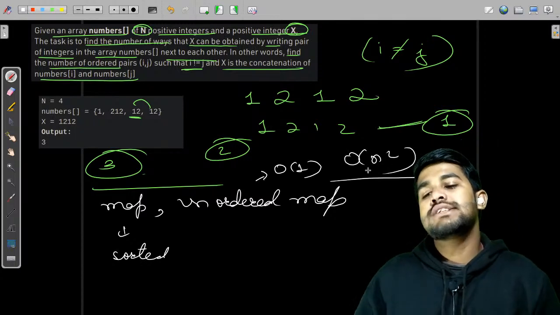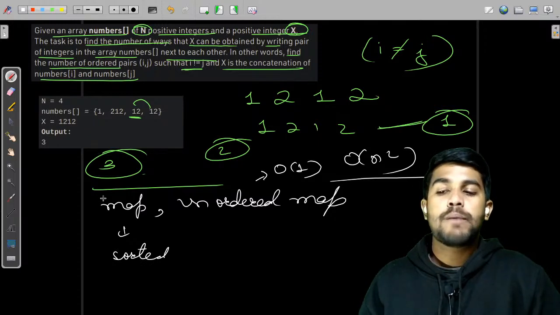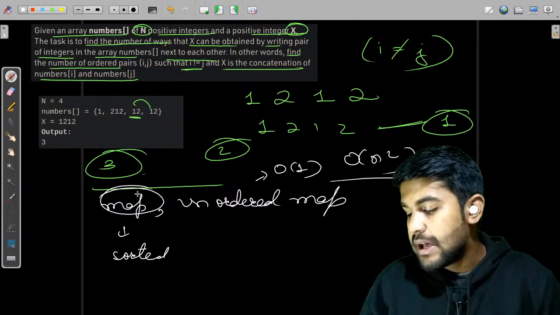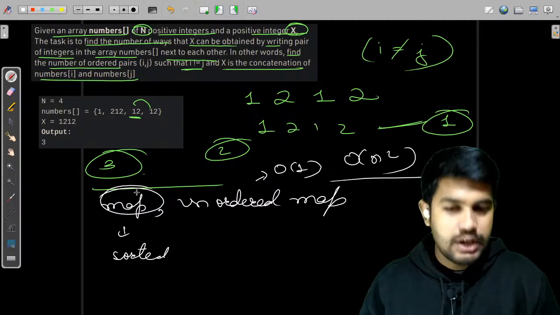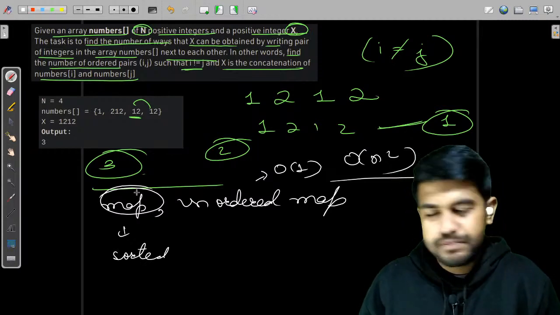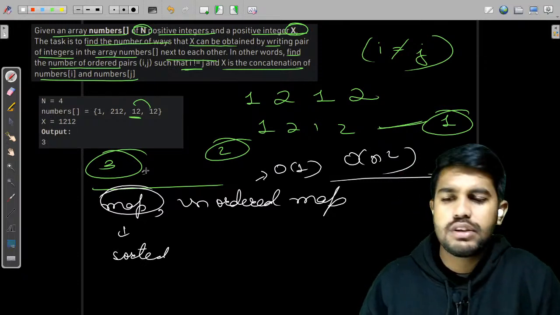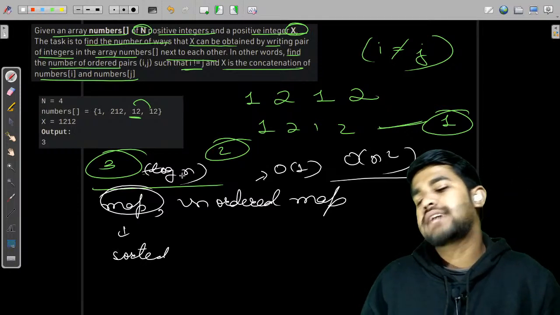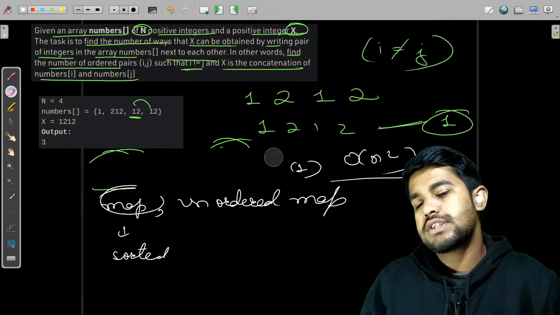So you should consider solving problems with map rather than unordered map. But if you are solving problems on other online judges, then it is quite easily understood that this is fine. A map has a time complexity of log n, so it kind of saves our time on the worst time complexity.